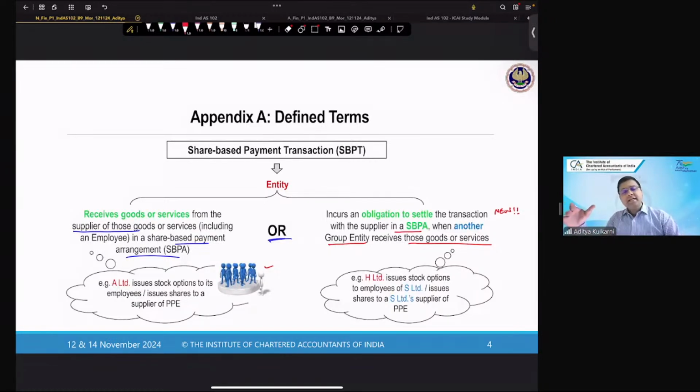One of the entities forming part of the group is receiving the services, but the payment in the form of shares is pertaining to another entity which is forming part of the same group. So that becomes a group share-based payment arrangement. And how to do the accounting is something that we are going to review under this particular standard. Are we okay with this? Yes.